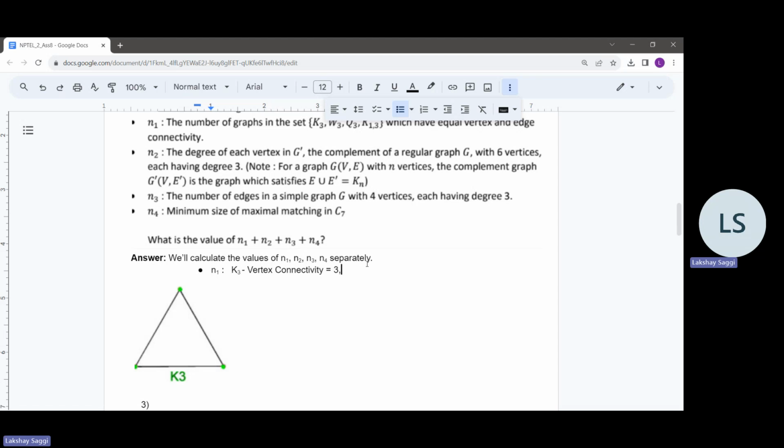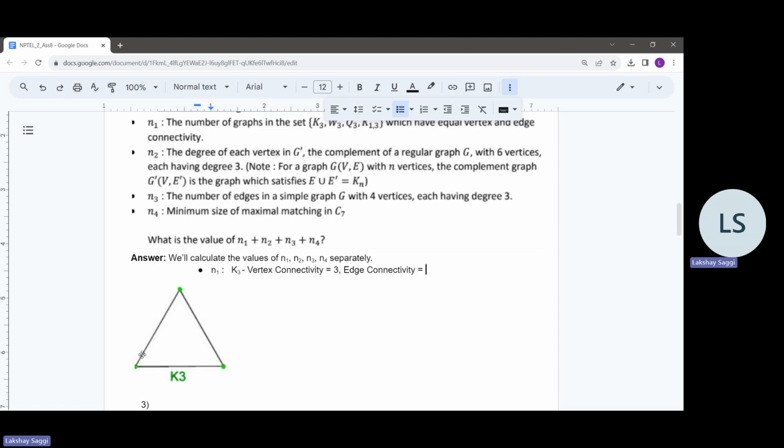Now, similarly, we need to find out the edge connectivity of this K3 graph. It can be seen here that if we remove any one edge, the remaining graph is still connected.